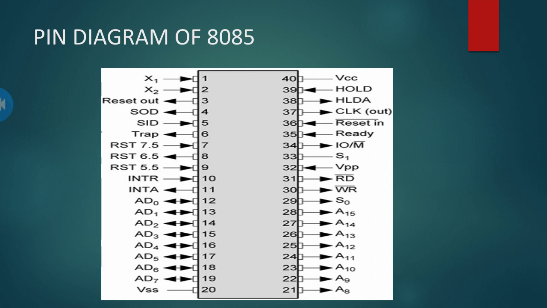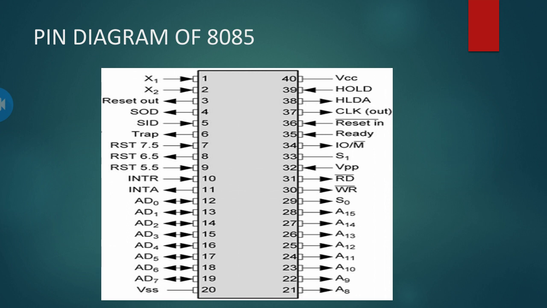Whereas A8 to A15 are the address lines. Address lines means these are exclusively used to transfer the address bits, and they carry the most significant bits of the address. Whereas AD0 to AD7 are the time multiplexed address data bus.